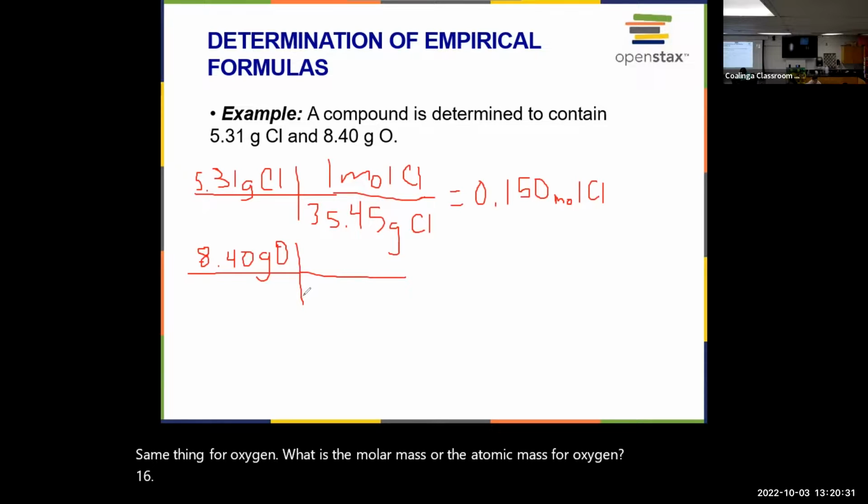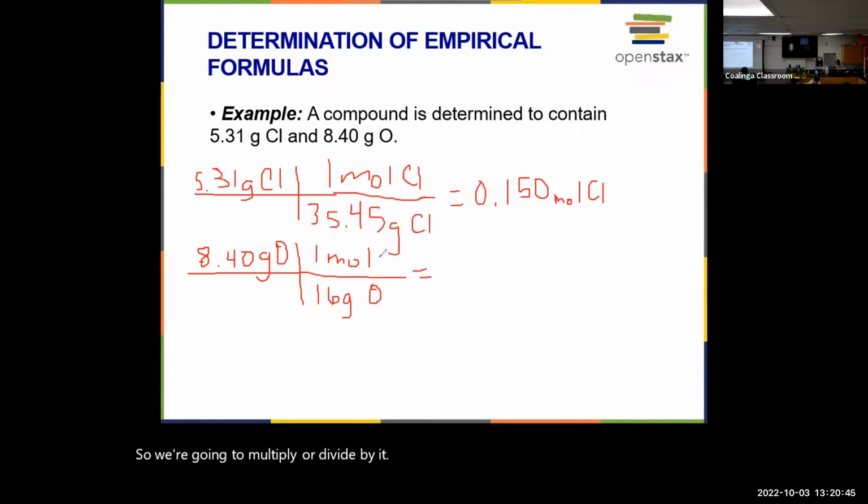So we're going to multiply or divide by it. 3 sig figs. Okay, next step. Divide by the smallest.